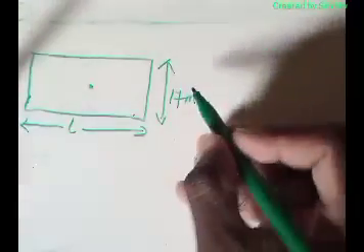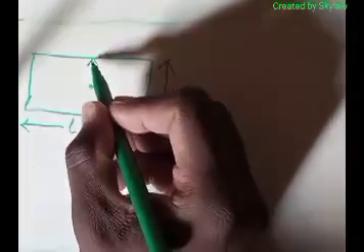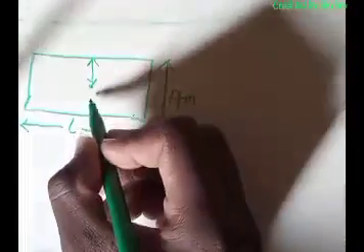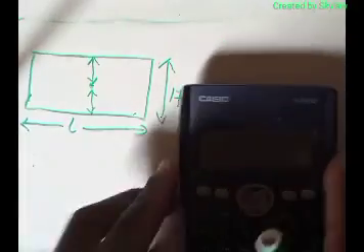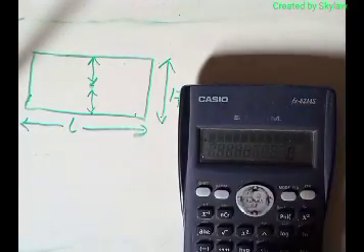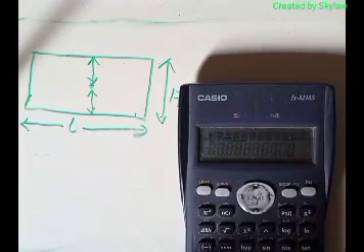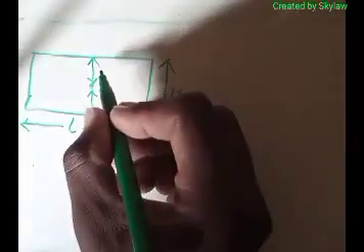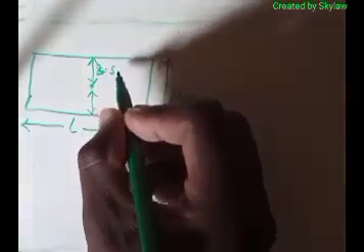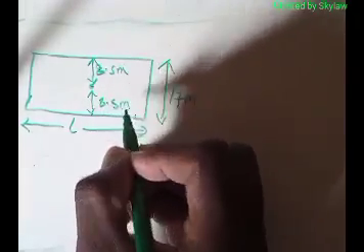So the center of a wall with width of 17 meters would have half of 17 meters that side and half of 17 meters that side. Using a calculator to find half of 17 meters, we get 8.5. So this is 8.5 meters and that is 8.5 meters.